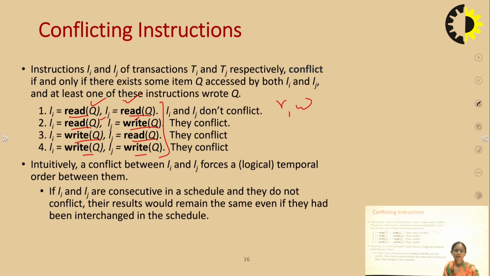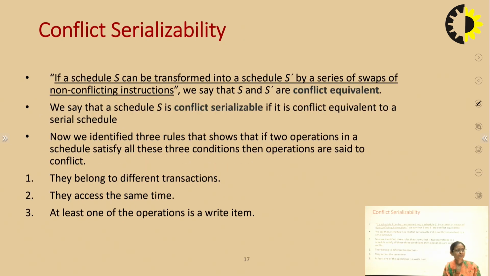Intuitively, a conflict between Ii and Ij forces a temporal order between them. If Ii and Ij are consecutive in a schedule and they do not conflict, their results should remain the same even if they had been interchanged in the schedule, that is, if we swap the order of the instructions. So what is conflict serializability?